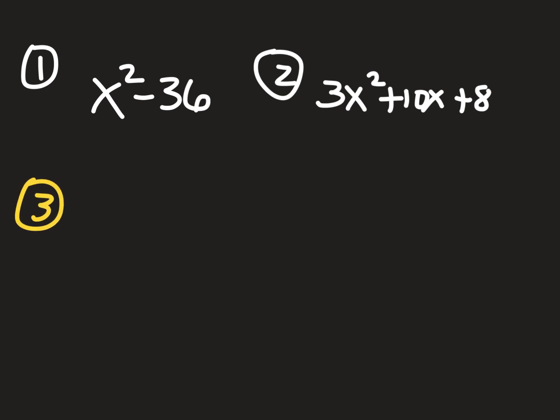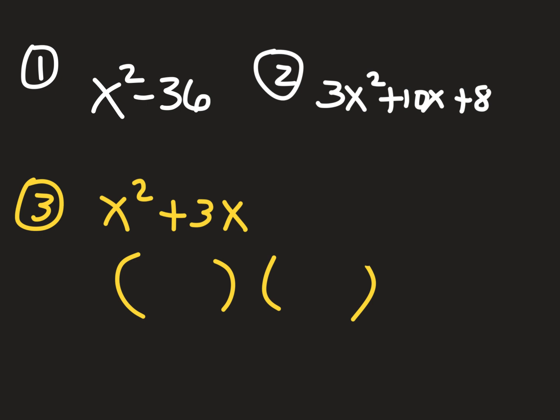Number 3. X squared plus 3x. Now I know it feels like, but what's the last number? You don't even have to put a 0 there. You can just factor the GCF out. Don't think, oh, got to put 2 parentheses. You don't always have 2 parentheses. Just factor out the common factor.